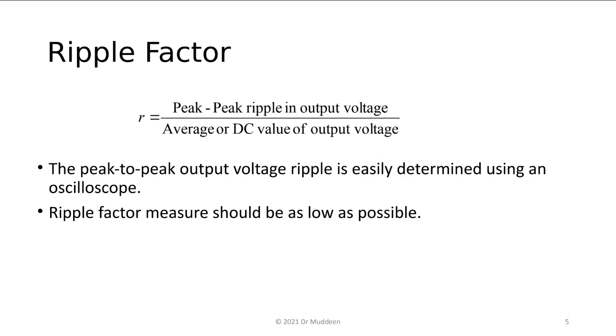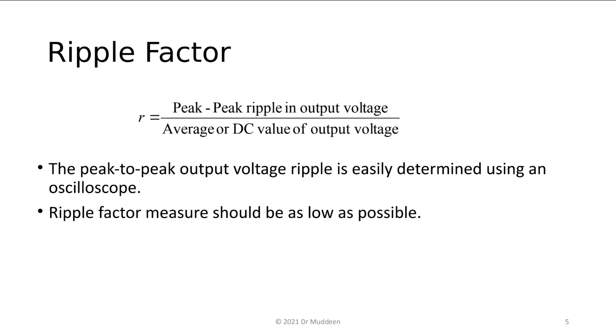Remember, the output voltage is going up and down a small amount, depending on how much current you're taking from the power supply. The peak-to-peak ripple divided by the average or the DC value of the output voltage. So the more the thing ripples, the higher the ripple factor is.